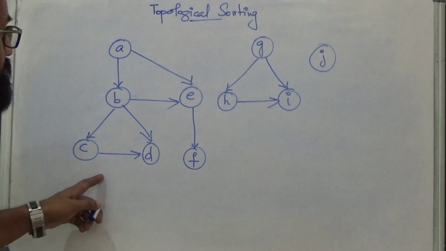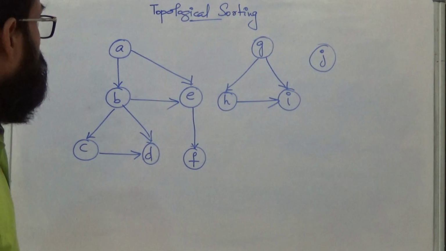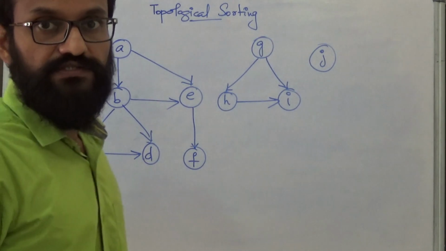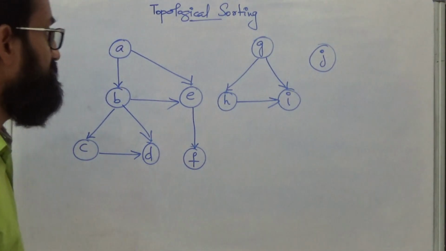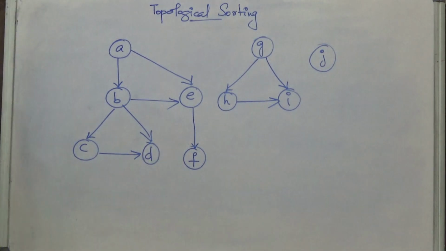Let this be the directed acyclic graph. This graph does not contain any cycle. In order to compute the topological sorted sequence, you have to perform DFS traversal, depth first search. You can start from any vertex.